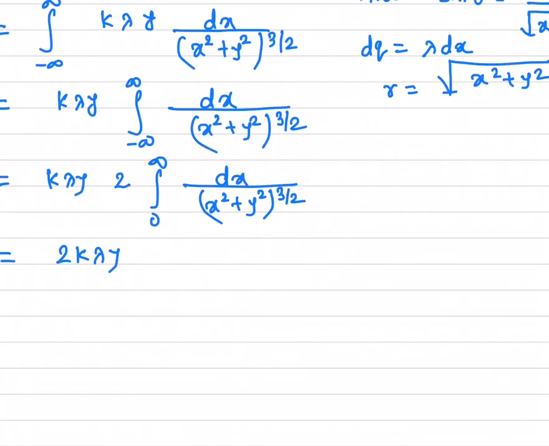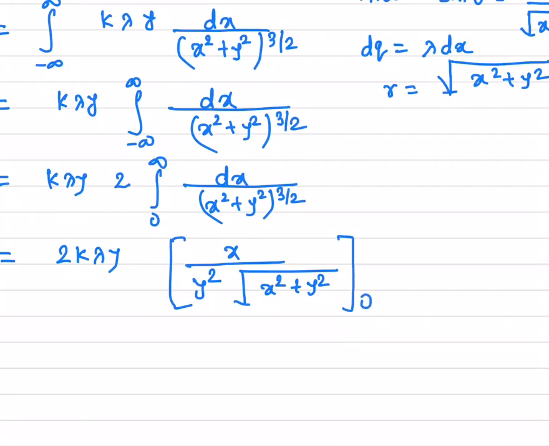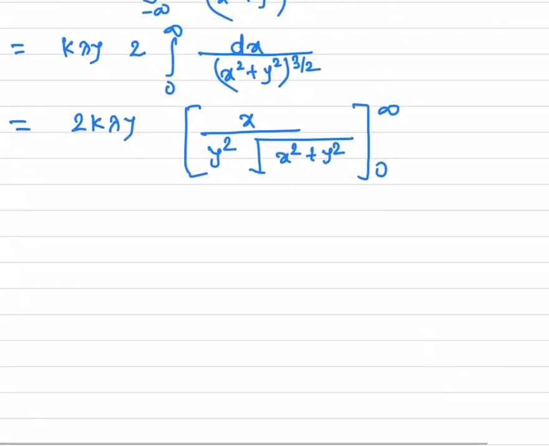The integration of this term you can find in any book, and it is x over y squared times the square root of x squared plus y squared, with limits from 0 to infinity.